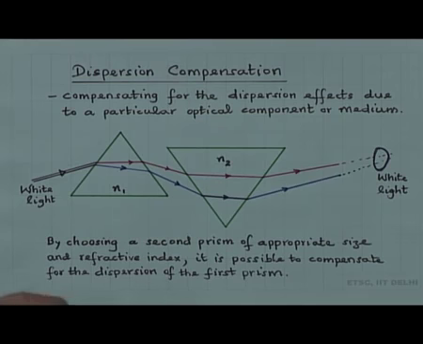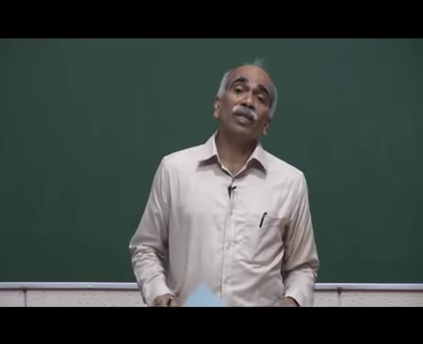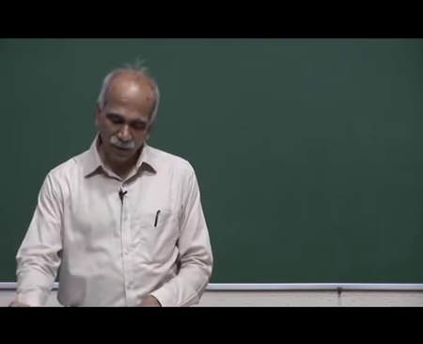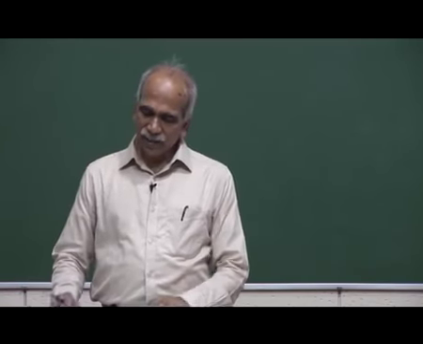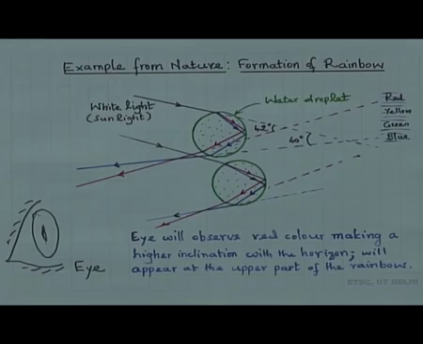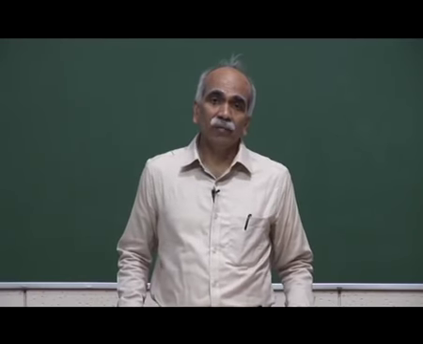I want to take one example from nature, and that is the formation of rainbows. The formation of a rainbow is an effect of dispersion of the different colors. Most of us have seen a rainbow just after the rains, if the sun comes out and we still have water droplets in the air.